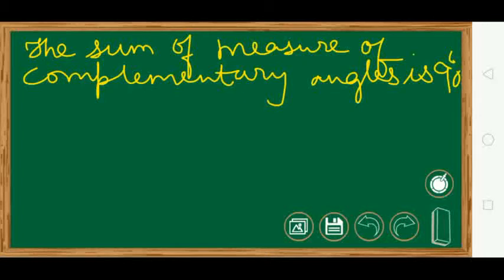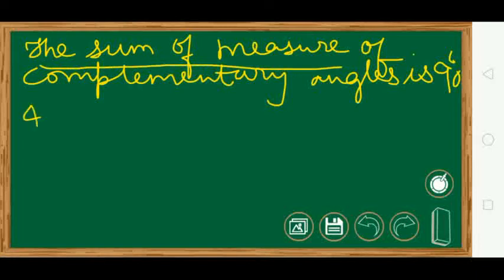The sum of measures of complementary angles is 90. You have to convert it into if-then form. Now the statement starts with the sum of measures. So this will come after if.